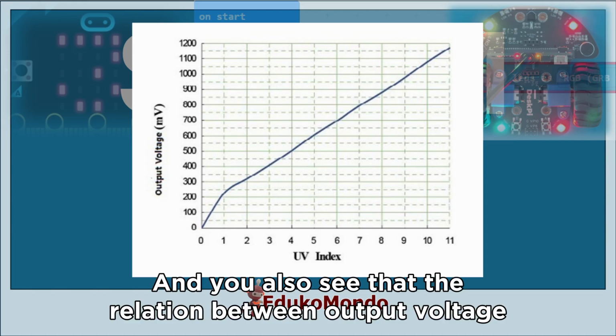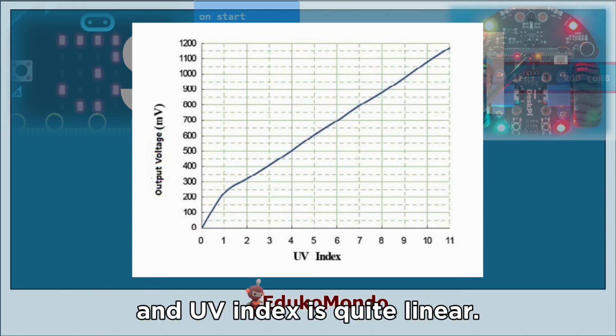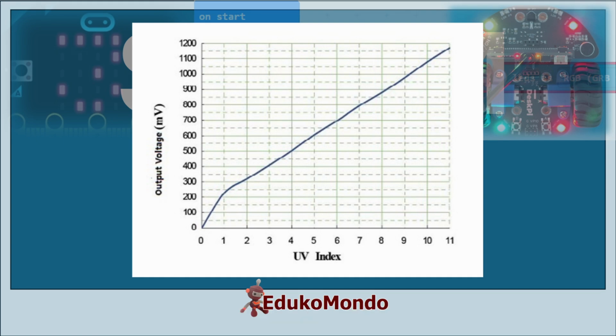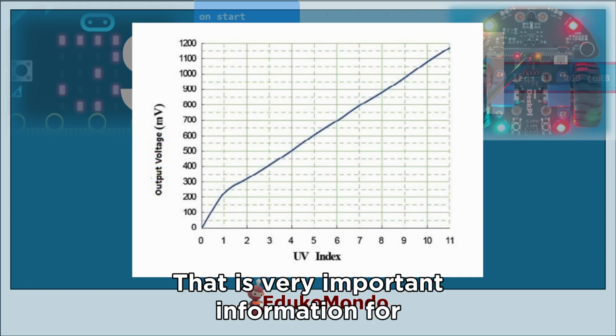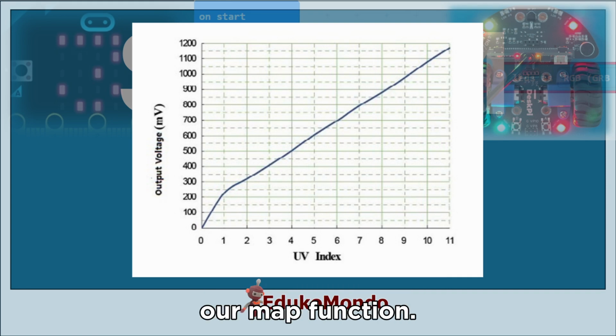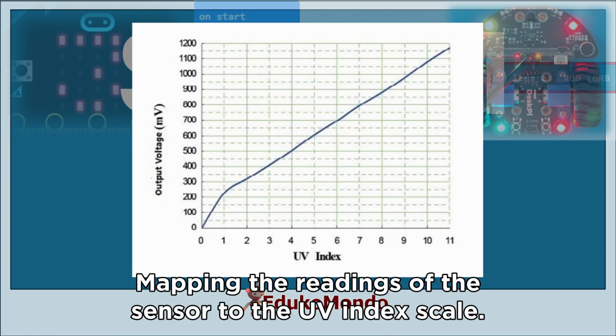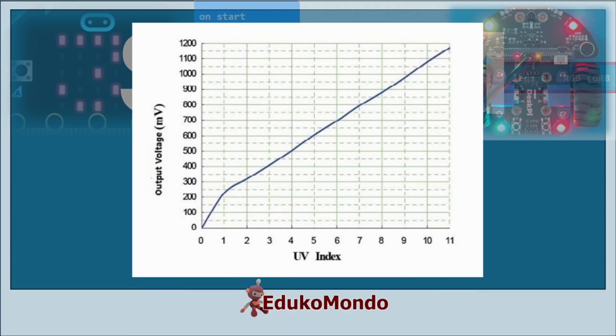And you also see that the relation between output voltage and UV index is quite linear. That is very important information for our map function, mapping the readings of the sensor to the UV index scale.